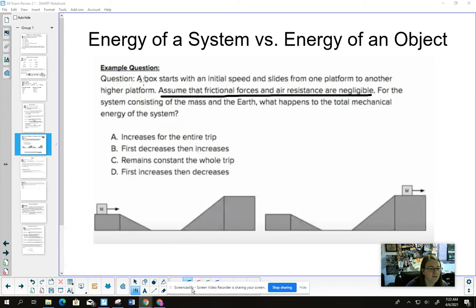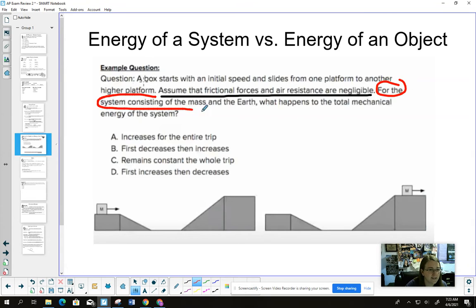For the system consisting of the mass and the Earth, they are talking about a system here. So what can we talk about if it's a system? We can talk about gravitational potential energy. We can't talk about that if we're not talking about a system that includes the Earth. So it says, what happens to the total mechanical energy of the system? So thinking this through, total mechanical energy is all of the energies present.